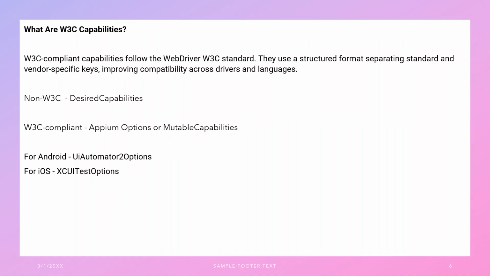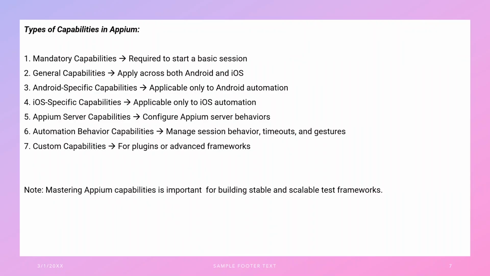Okay, and next is the types of capabilities in APM. We have different types of capabilities in APM. Basically, I have divided these into 7 categories. The first one is the mandatory capabilities, also known as the session creation capabilities.